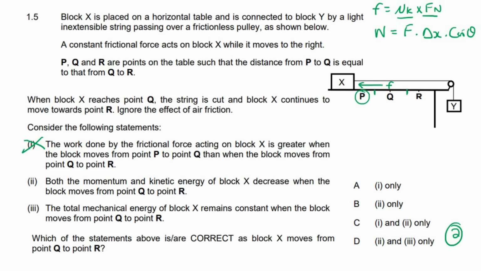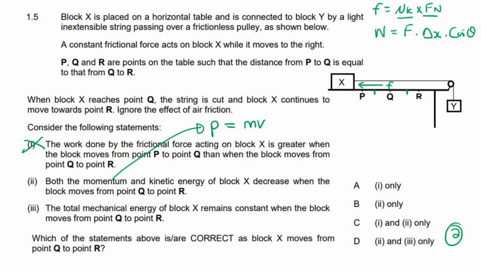This is wrong. It says both the momentum and kinetic energy of the block X decreases when the block moves from Q to R. That is true, but let me show you why. We know that momentum is P equals mv. Now, can we agree that when the block is going from Q to R, it will slow down because it only has friction acting on it and it no longer has this block that's pulling it?